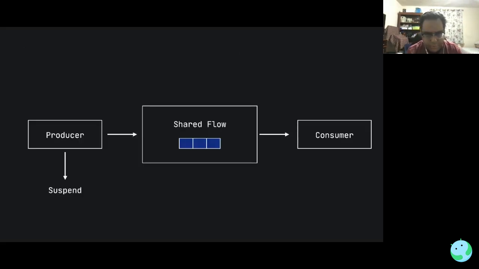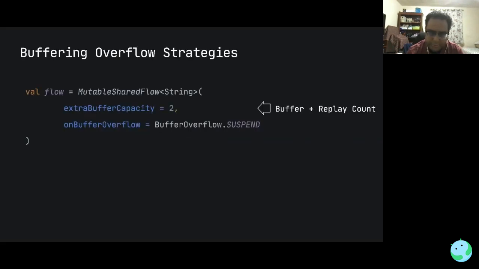What suspend does is that it will suspend the producer until the consumers have consumed the events that are in the buffer, until there is space. The default behavior of a buffer overflow is suspend. I have specified it here, but it does it for you. This is the default value in the MutableSharedFlow constructor.